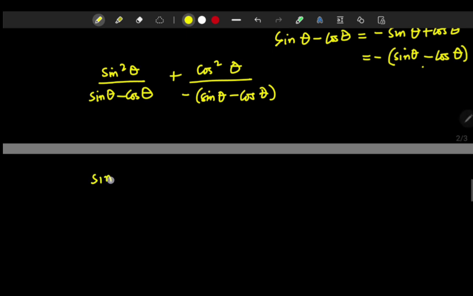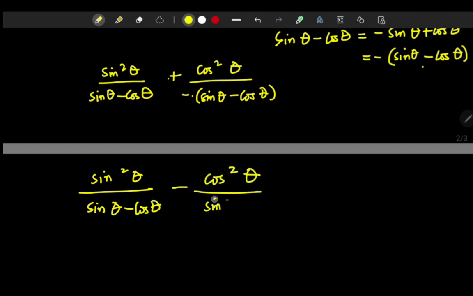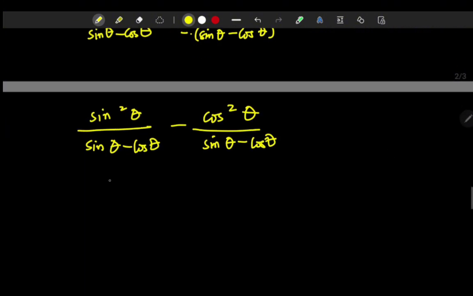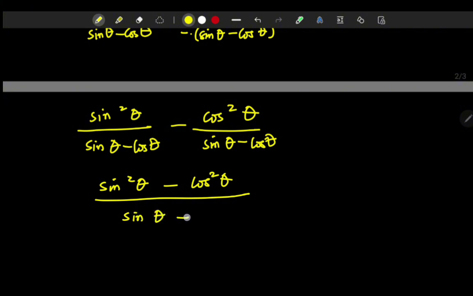Okay, so we go ahead and introduce that minus sign into the expression. This minus sign alters this, and you have minus cos square theta over sine theta minus cos theta. So now we have exactly the same denominators, meaning that we can now write this as sine square theta minus cos square theta all over sine theta minus cos theta.